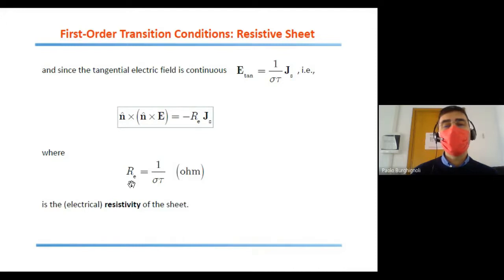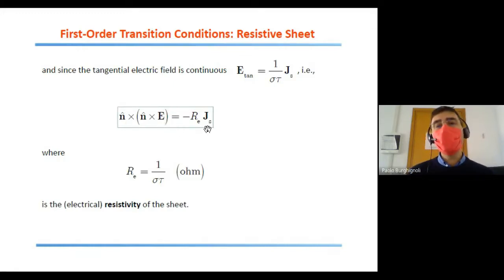So if we now introduce the electrical resistivity of the sheet, that is this parameter, the reciprocal of the product of the conductivity and the thickness, which is an impedance from the point of view of dimensions, so the unit is ohm, we can write explicitly the transition condition, boxed: n times the electric field, where n with the hat is a unit vector normal to the sheet, whose orientation is arbitrary since we have a double product, so the choice of the direction of this unit vector is immaterial.